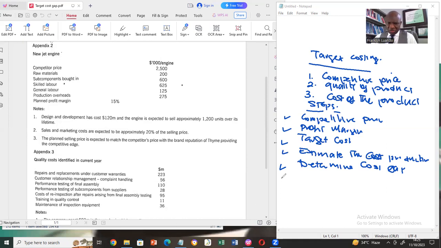So how do you close it? Determine the strategies to use to close the gap.